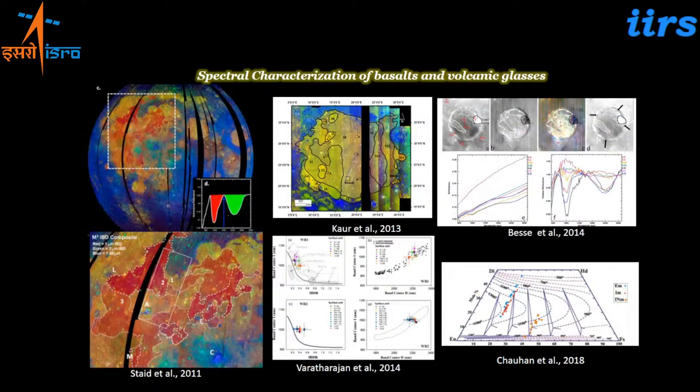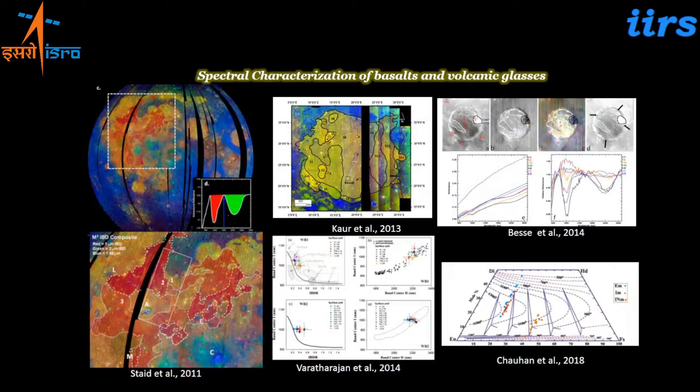Also, earlier telescopic studies and multispectral data, Clementine, were utilized for mapping basalt based on a number of spectral types, based on continuum slope, albedo, and near infrared absorption features of mature mare soils.